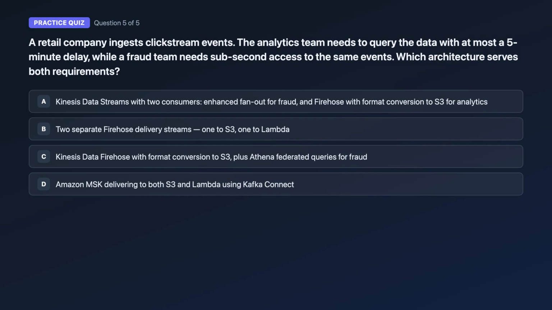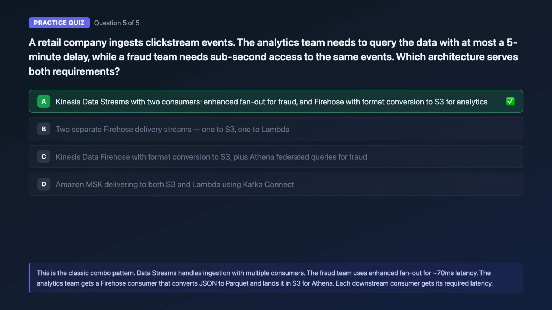B, two separate Firehose delivery streams, one to S3 and one to Lambda? C, Kinesis Data Firehose with format conversion to S3 plus Athena federated queries for fraud? Or D, Amazon MSK delivering to both S3 and Lambda using Kafka Connect?